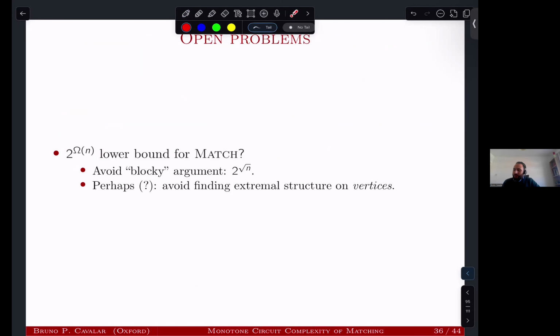Maybe if you avoid the blocky thing, we can go from what we did, which is 2 to the n over 3 to 2 square root of n, but I don't know if you can do that. If you avoid doing this thing on vertices, maybe you can do better and go to the omega of n. I don't know exactly how to show this, but there are just some ideas.